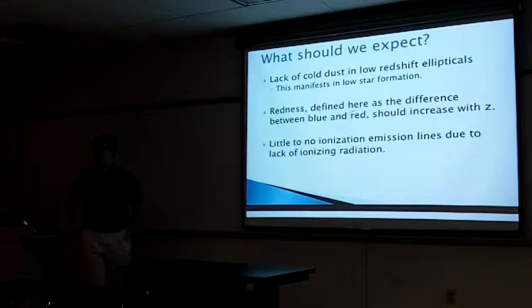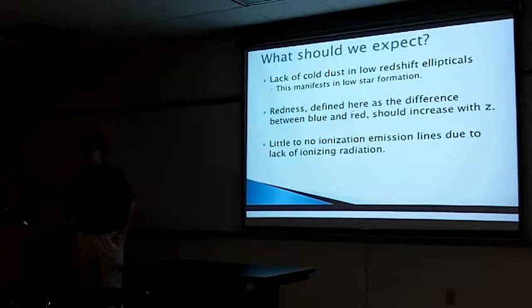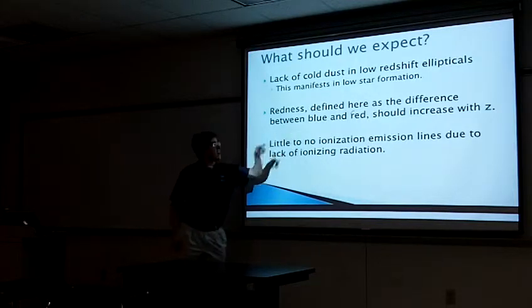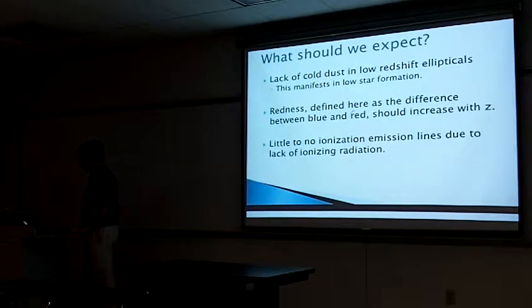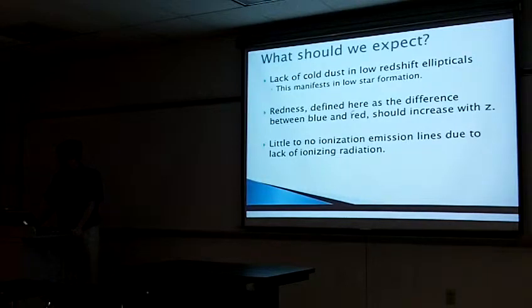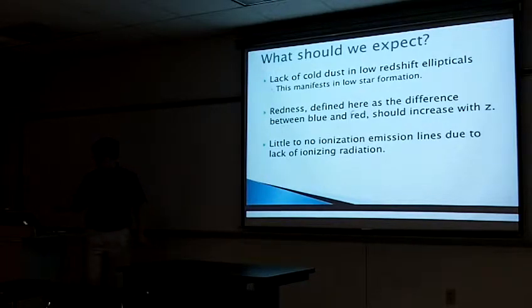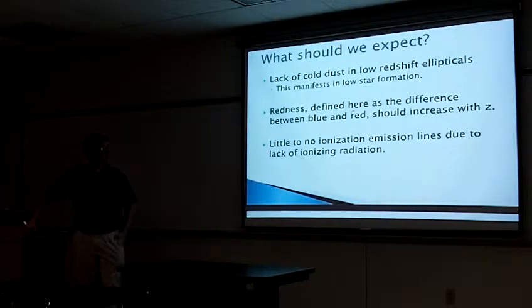Now, because of that decrease in star formation over time towards the recent period, it means that the redness, which this should actually say between visible, the green and red, that redness should increase with lower Z. So that I should have said lower Z there.